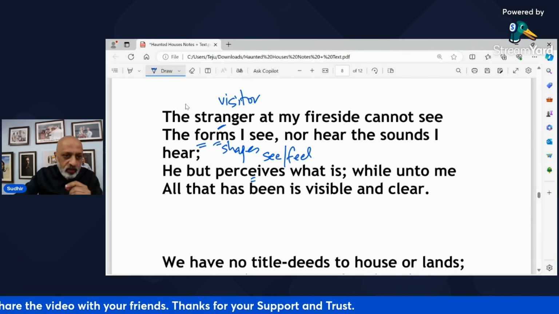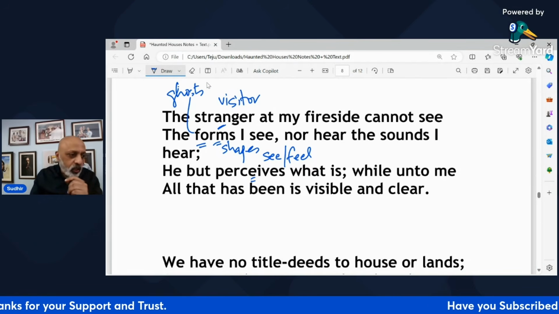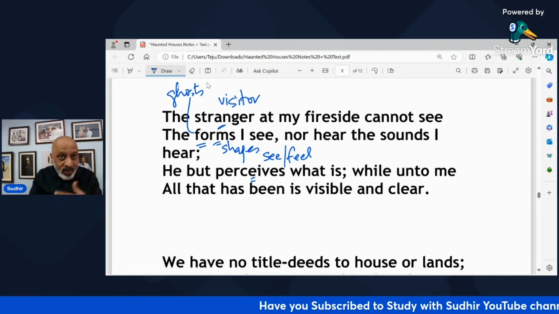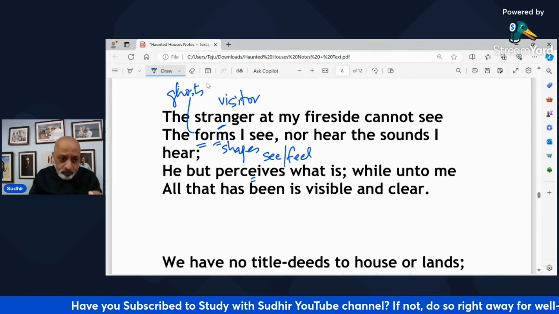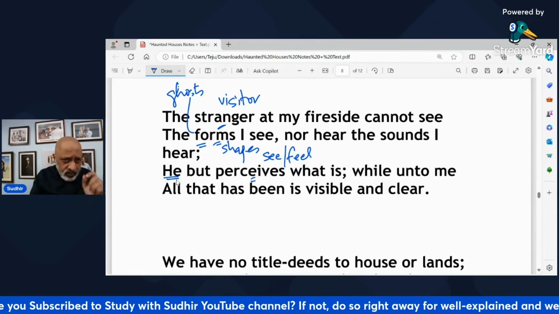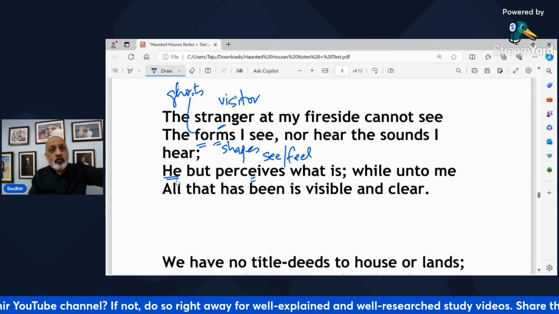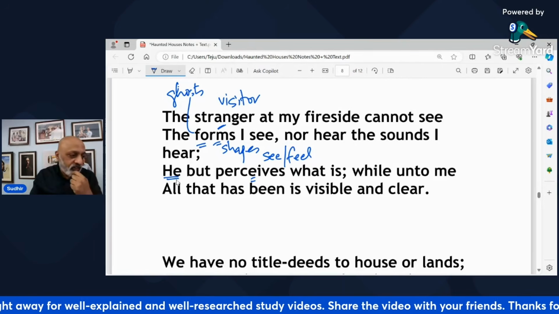The forms are the ghosts. This is a reference to the ghost. He cannot see the ghost or hear the ghostly sounds that the speaker, the narrator of this particular poem, is able to experience. The visitor, that is he, the stranger, can only perceive what is visible. Jo dikhta, he can see the photographs on the wall, but he cannot see the other people who I just showed you in the photograph above.